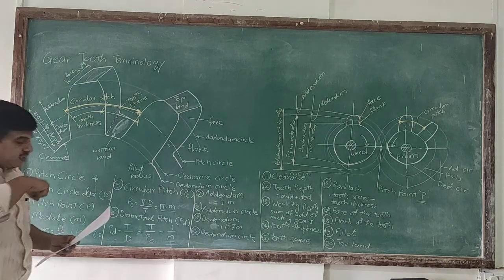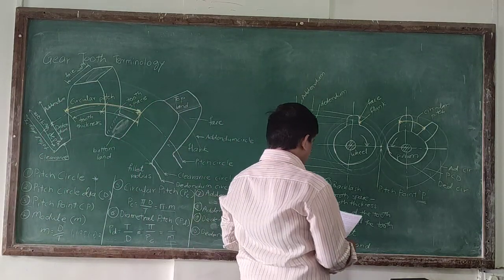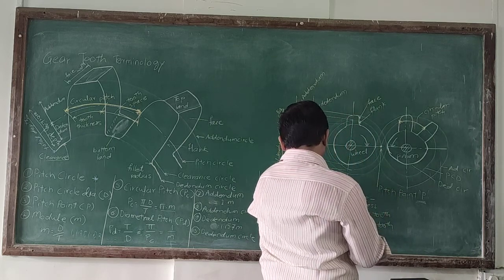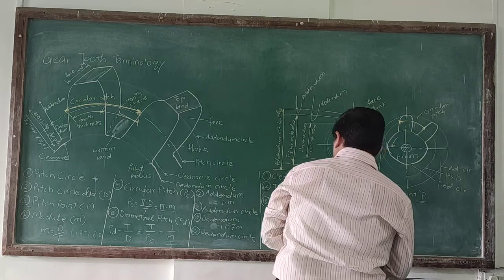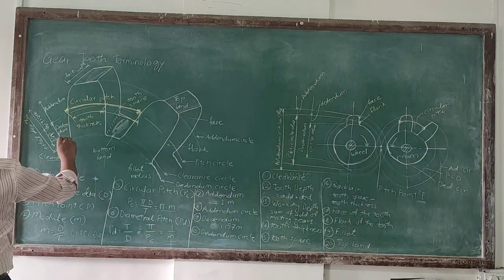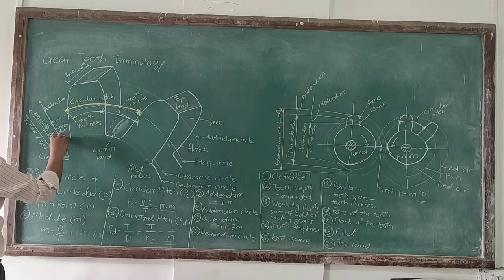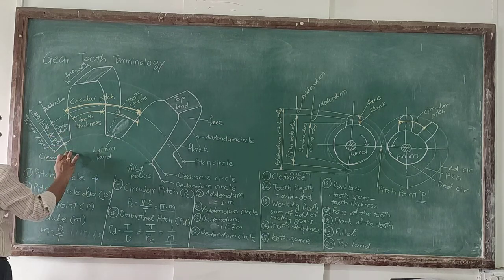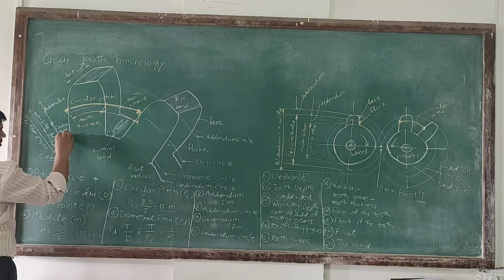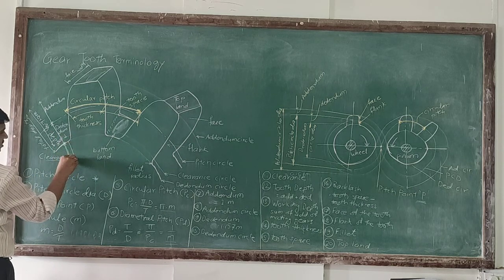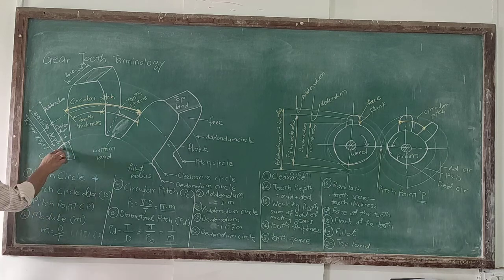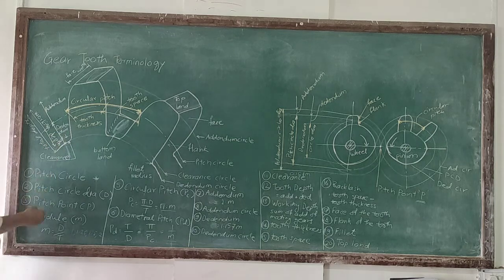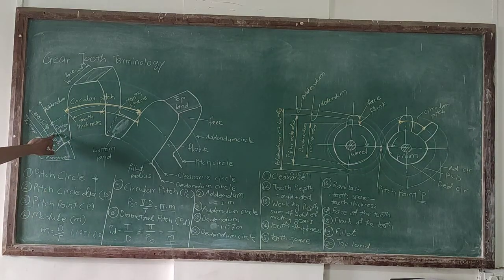Then what will be the dedendum? Here one correction is there. This is the dedendum, and this is the clearance. So here you can see what the dedendum is.